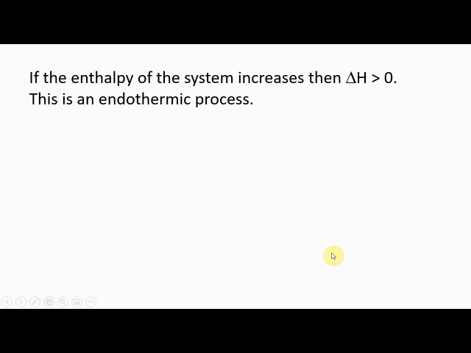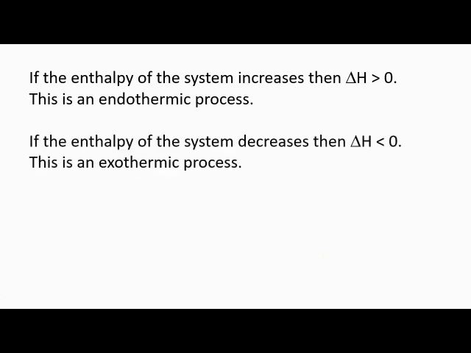If we have an increase in the enthalpy, then the enthalpy of the system is increasing. So energy is being added to the system from the surroundings. And that's a situation which we call an endothermic process. Similarly, if the system itself loses energy, so the energy is leaving the system going to the surroundings, then you have a situation that is exothermic.